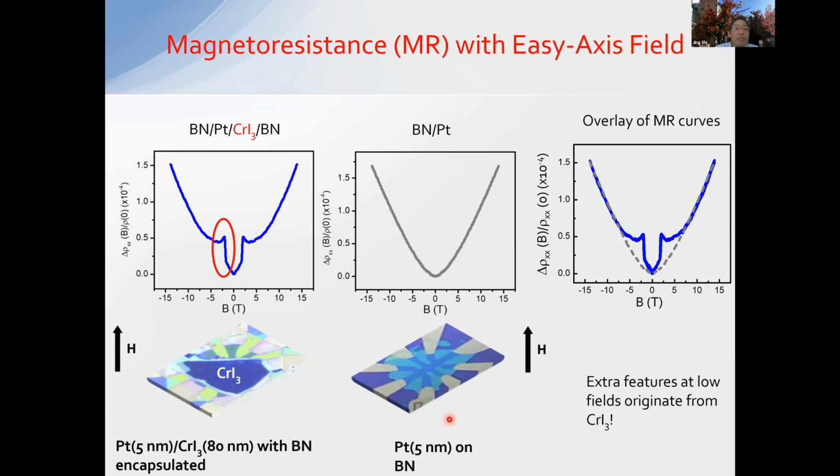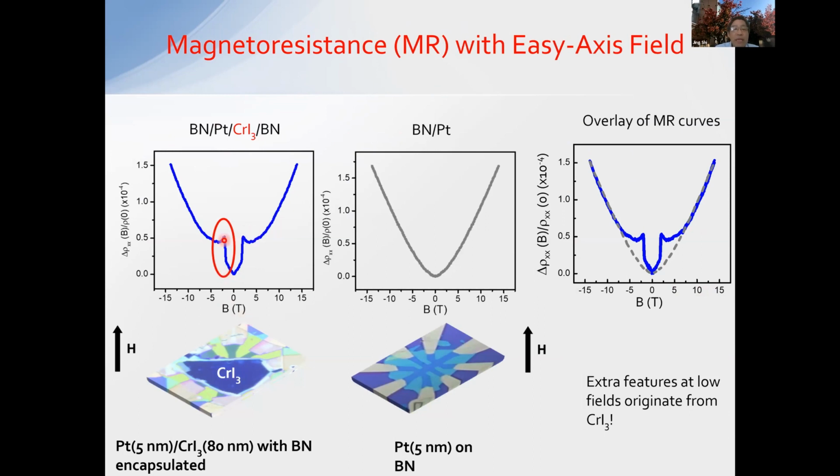Okay, so let me go a little faster. This is the platinum magnetoresistance as we sweep the perpendicular magnetic field, with chromium triiodide above the platinum. Okay, this is the platinum only. So you see this overall shape is similar to the background shape in this first device with chromium triiodide.